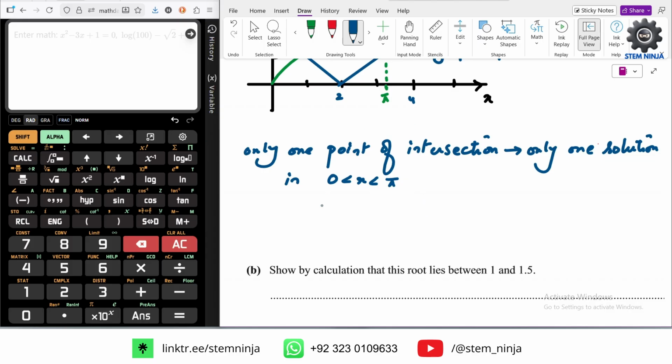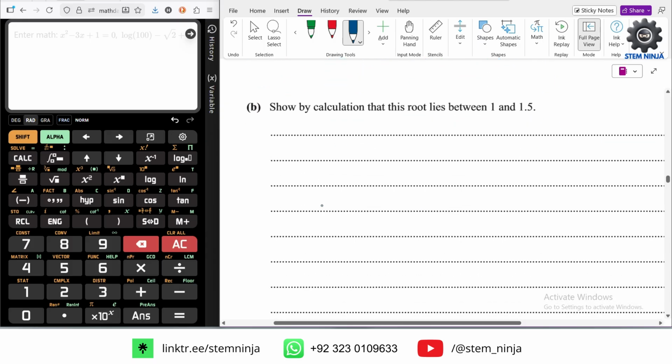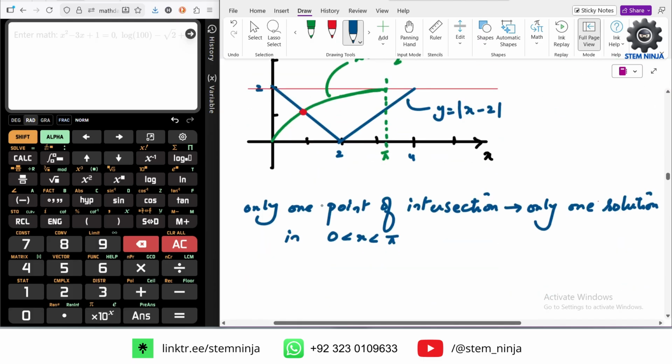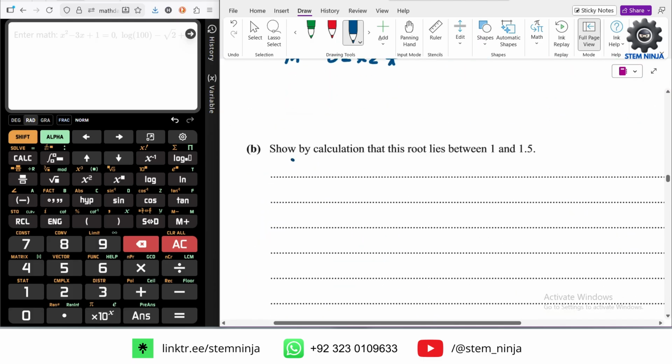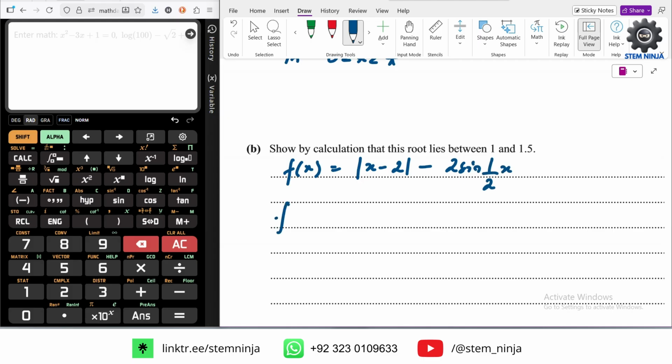Right, okay. Show by calculation that this root lies between 1 and 1.5. Okay. So for example, let's make f of x to be mod of x minus 2 minus 2 sine half of x. We plug in 1. So 1 minus 2 is minus 1, but mod of minus 1 is just 1.